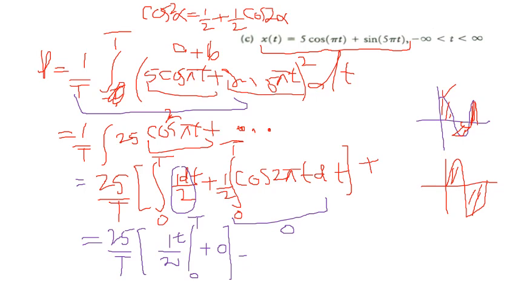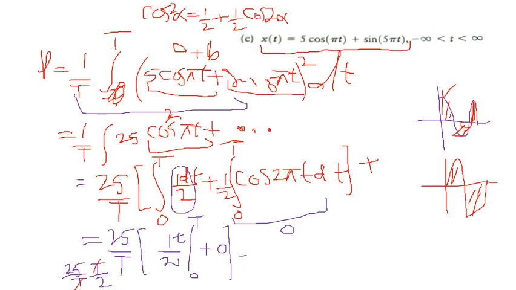If I replace t with 0, it will be 0, and if I replace it with capital T, it will be capital T minus 0. So I get 25 by T into T by 2. T cancels with T and you get 25 by 2 for this part, right?